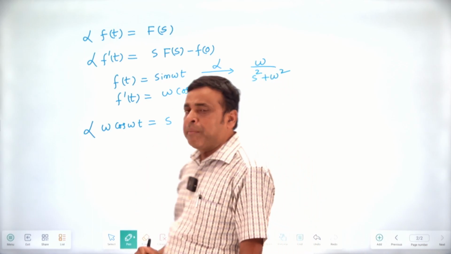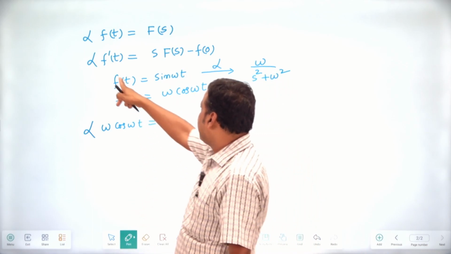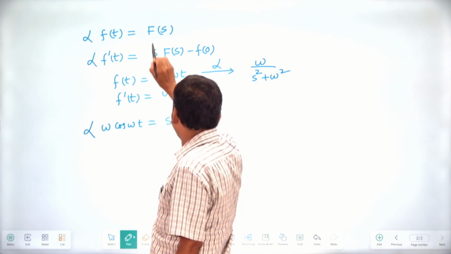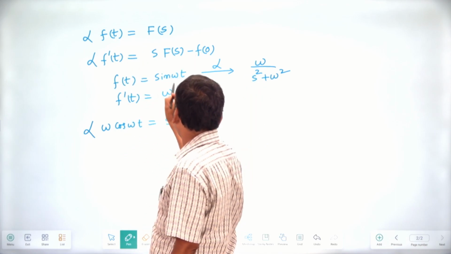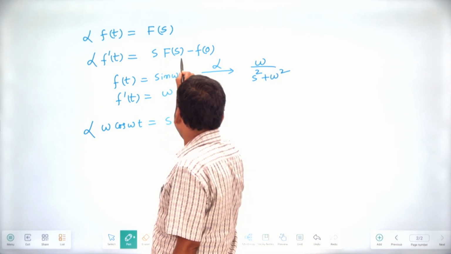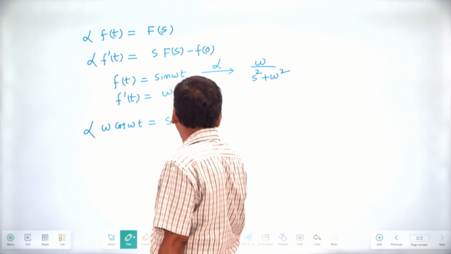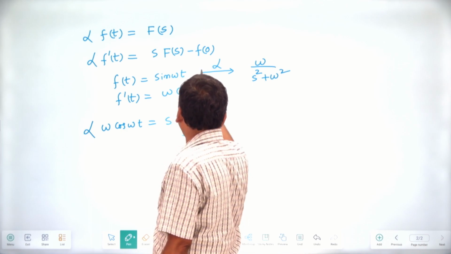Using the derivative of a Laplace transform, the Laplace transform of f dash t is s F of s minus f of 0. So f dash t is omega cos omega t, and s into F of s is s times omega by s square plus omega square, minus f of 0.